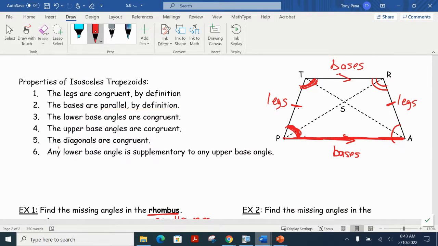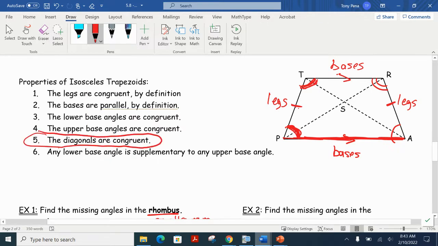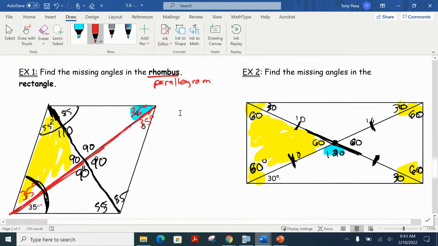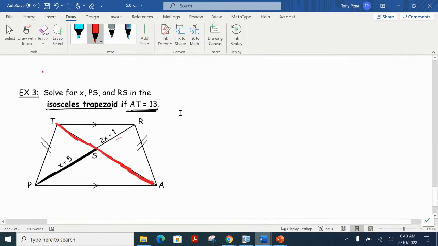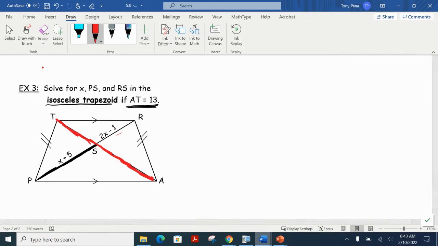If we look at this right here to understand how we can use this: the diagonals are congruent to each other. They have the same exact lengths. So if we go back to the one that you were looking at, I gave you the red diagonal, but isn't the red diagonal going to be the same as this other diagonal?